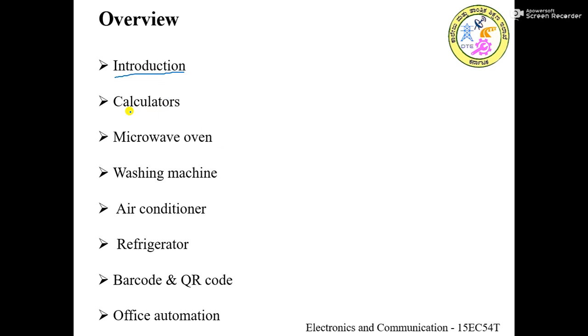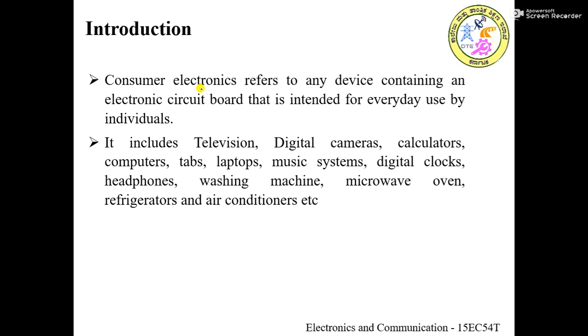Like the very first one, we will discuss the calculator and its operation. Then, microwave oven, washing machine, air conditioner, refrigerator, barcode and QR code, and the office automations, the features of office automation tools.